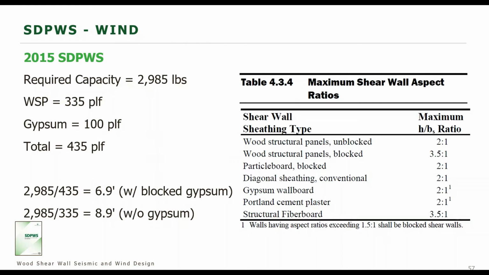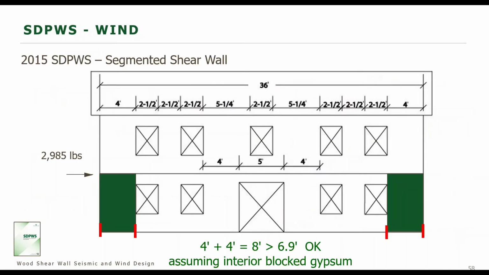The total would be 435 PLF. So for a segmented approach, we see that we need 6.9 feet of full height segments if we have block gypsum, or 8.9 feet without the gypsum. And these numbers probably look familiar to you based on the WFCM example, and that's because they are the basis of what the WFCM provisions are developed on.